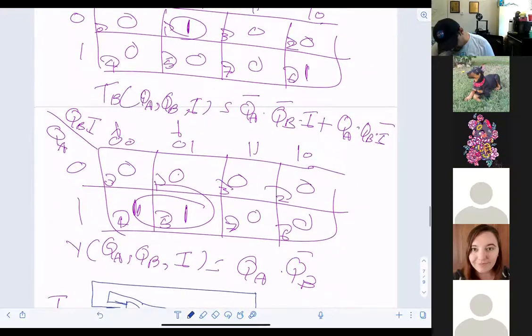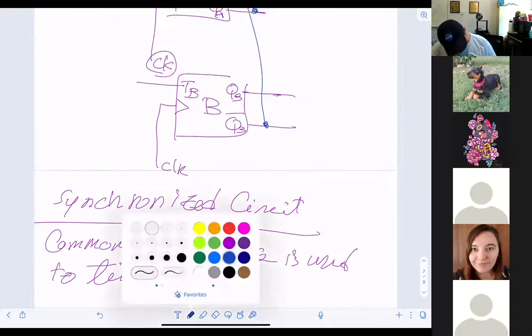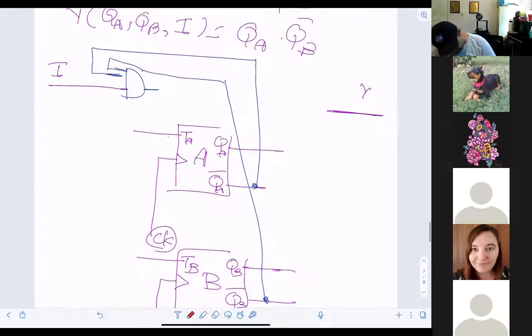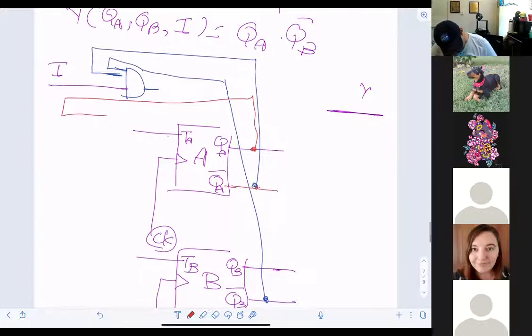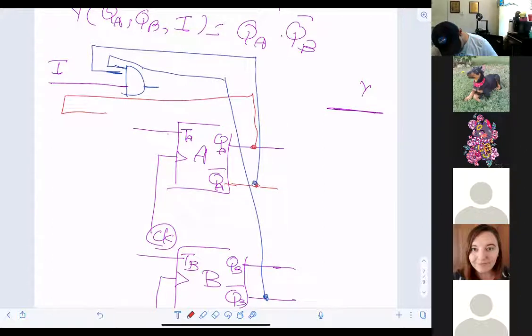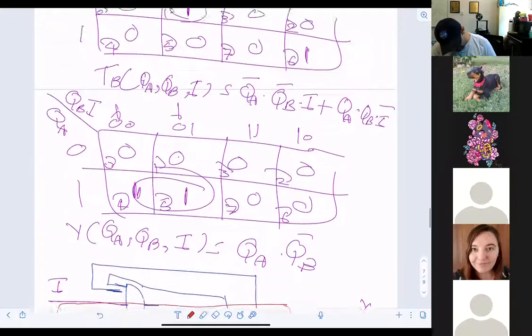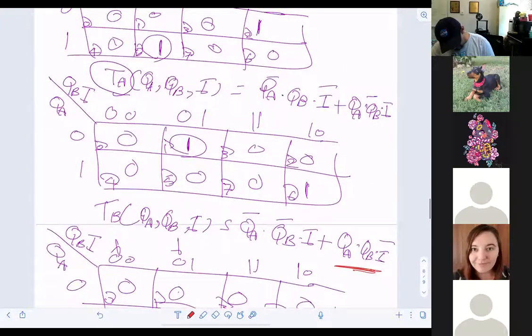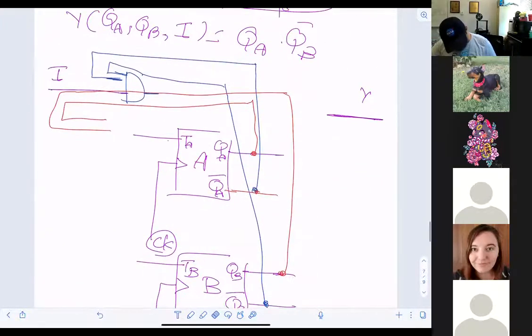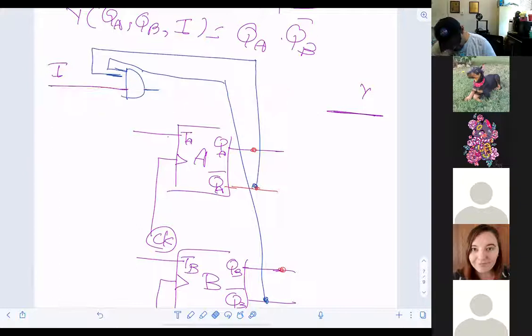And then the second term is QA QB, right? So let's have a different color. You guys are much better than me at drawing, but QA with QB. Oh, sorry, QA was what? QA with QB, right? Is it QB complement? No, I'm talking about, oh, you're right. You know what? Just clear this. But you understand what I'm saying, right?